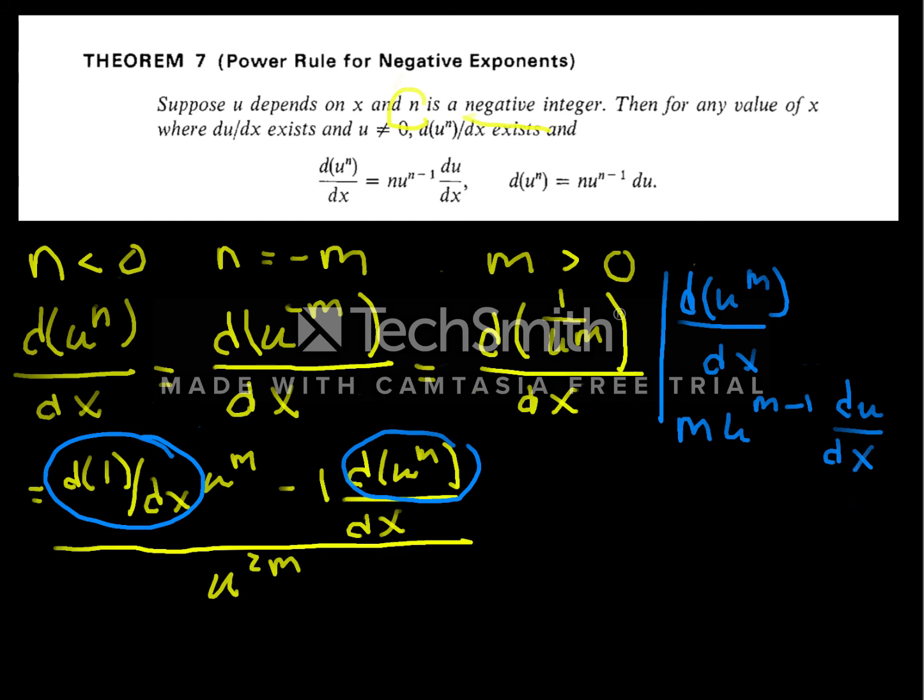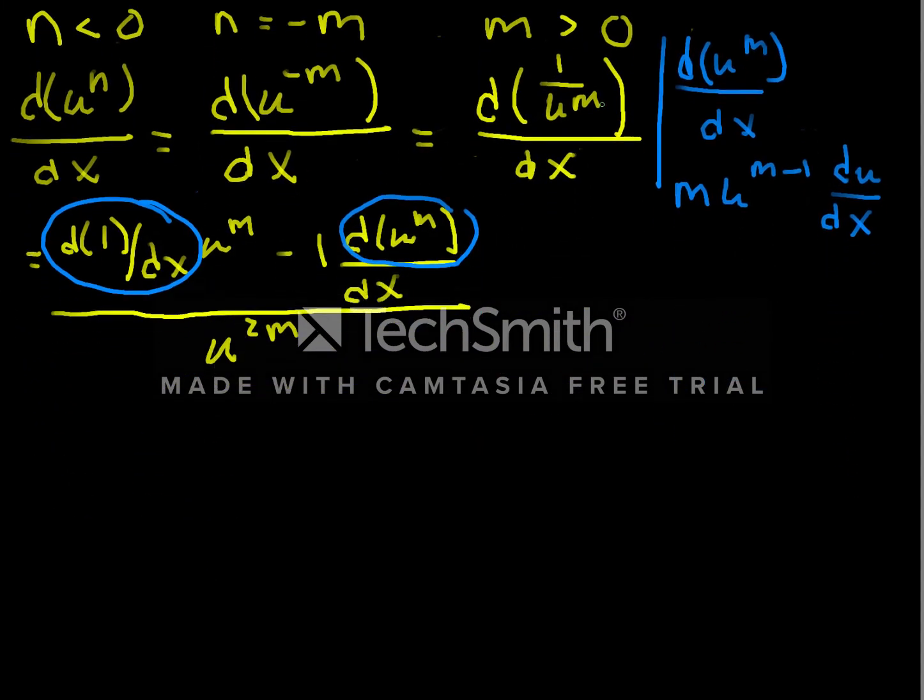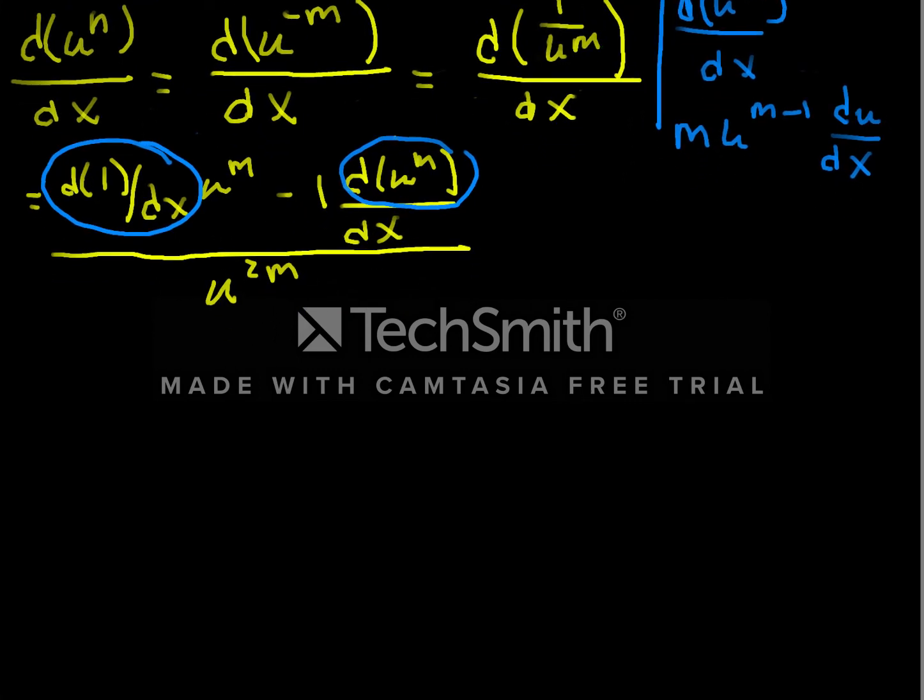So using those two facts, this whole expression simplifies to simply minus m u to the m minus 1 all over u to the 2m, du/dx.